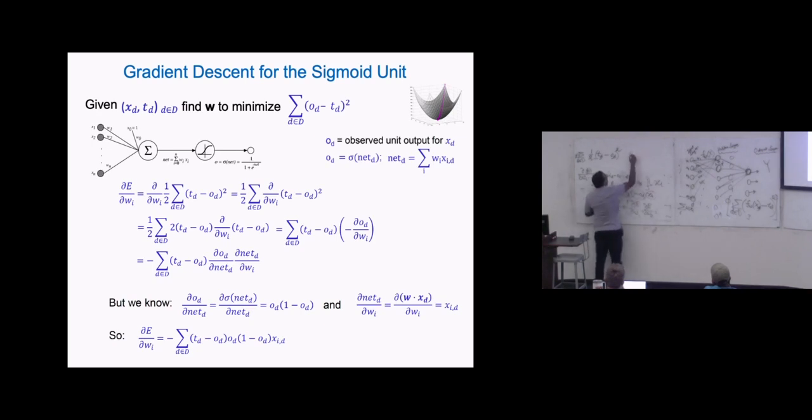So Wi at t plus 1 time iteration is essentially Wi at t minus the step size, learning rate, times the gradient with respect to Wi, right?